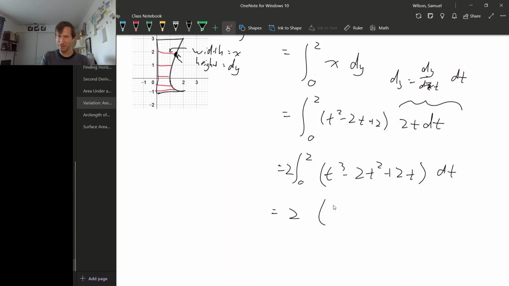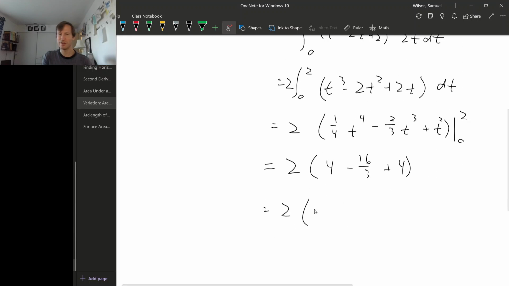So our antiderivative is 1/4 t to the 4th minus 2/3 t cubed plus t squared from 0 to 2. When we plug in 0, we get zeros, so let's plug in the 2. So we get 4 minus 16/3 plus another 4.